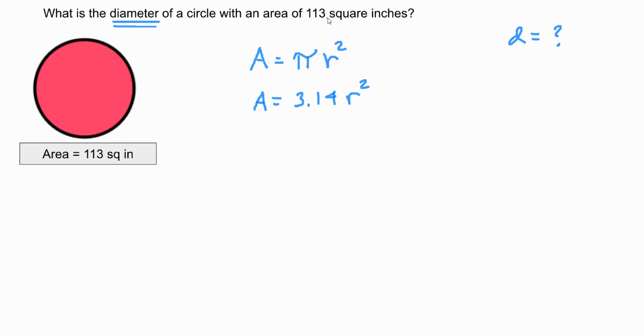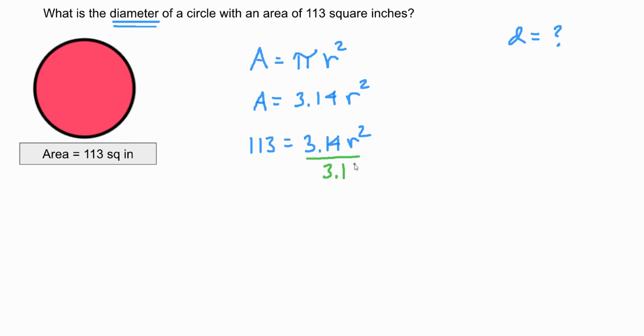And we know the area is 113 square inches. That is the only piece of information we have, and really the only one we need. So we can replace the letter A with 113, and the right side of this equation stays the same. For these kinds of problems, we are always going to do the same thing. We are first going to divide by pi.